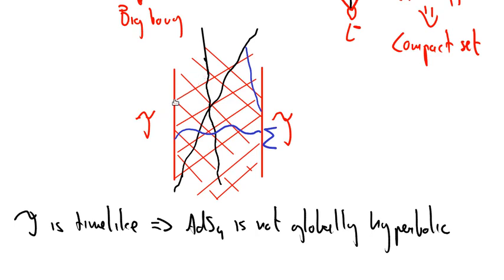So we cannot put a space-like hypersurface which catches all the information coming from infinity. It is just a heuristic argument, but it conveys the essential idea.